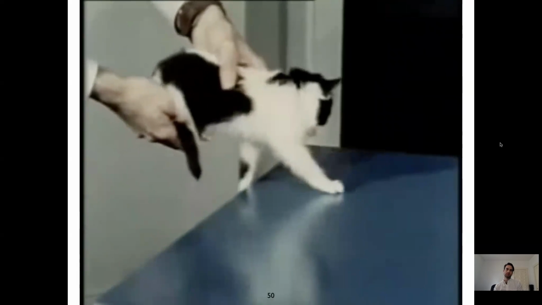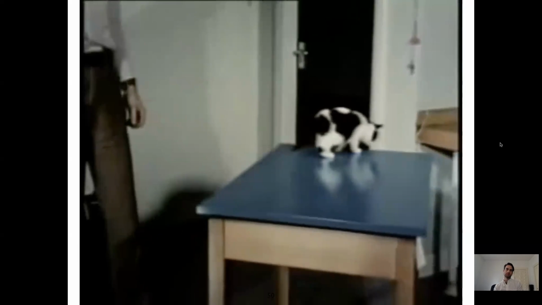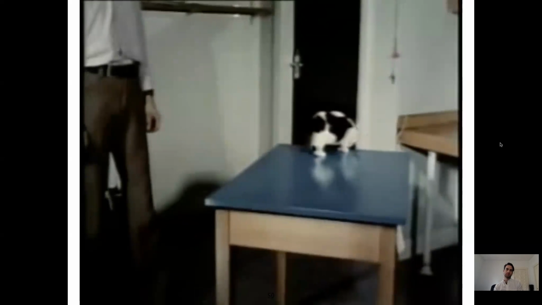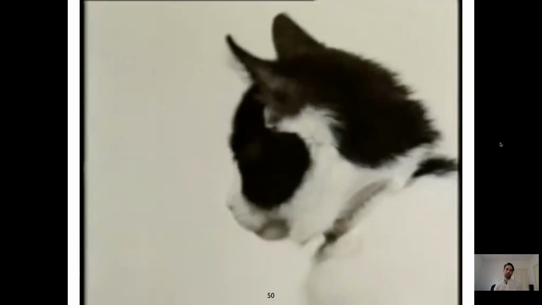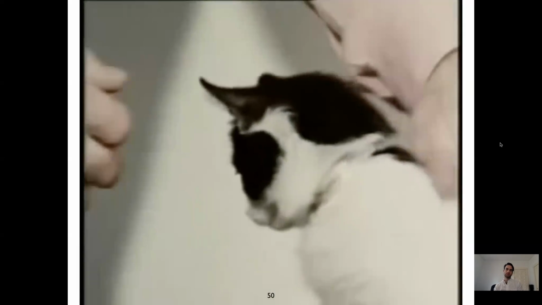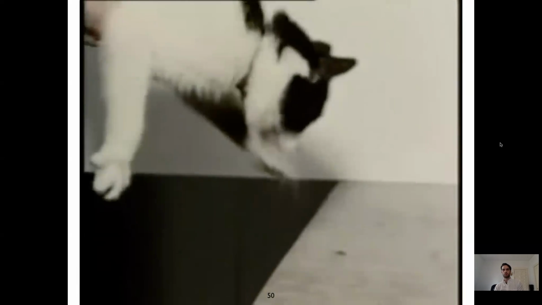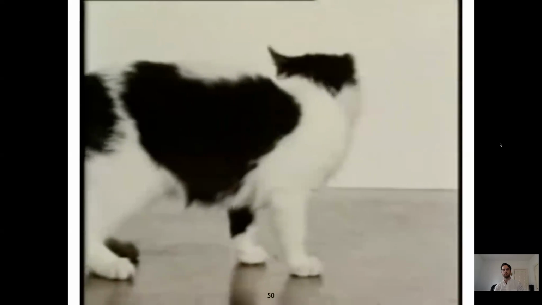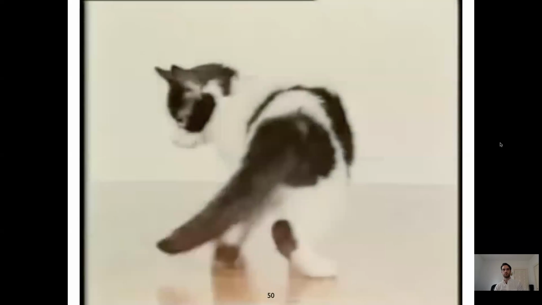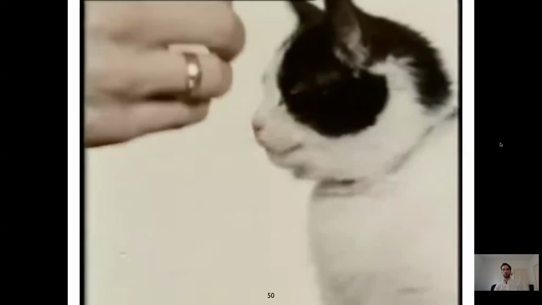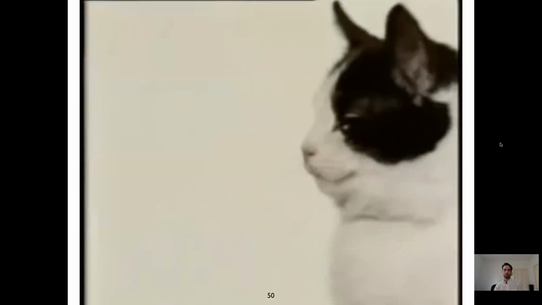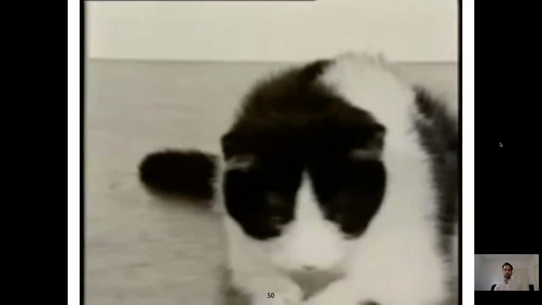However, these gross problems don't last, and within a few hours, the kitten seems almost normal. Now, after several days of living in a normal environment, it has typical visual placing. It shows startle reactions. And it follows a moving object.